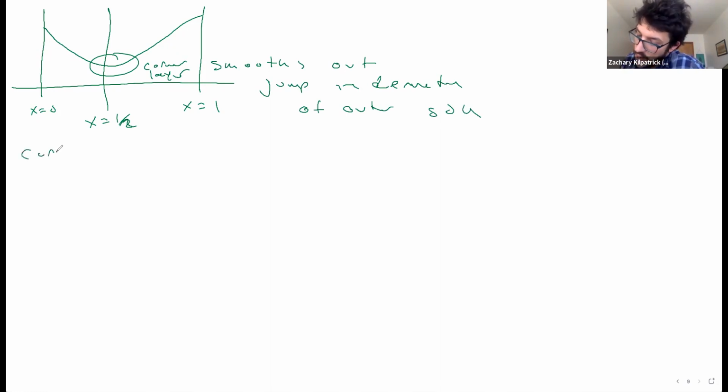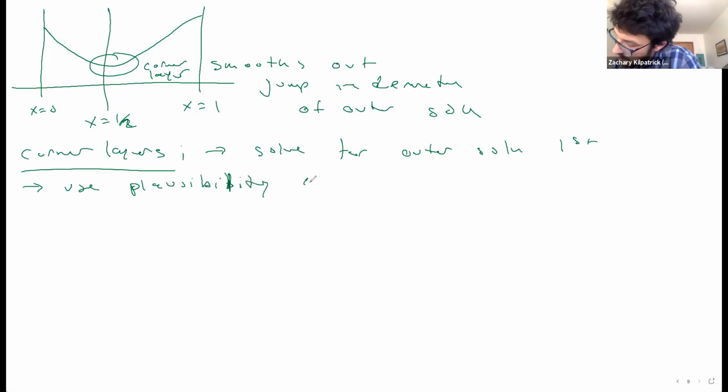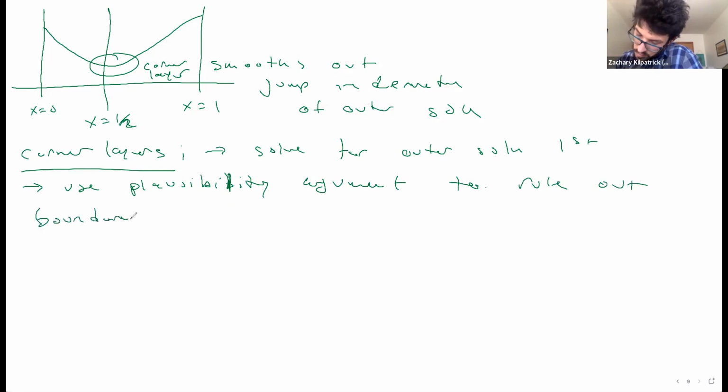So how do you deal with corner layers? You solve for the outer solution first, and then use a plausibility argument to rule out a boundary layer or a jump in interior layer.